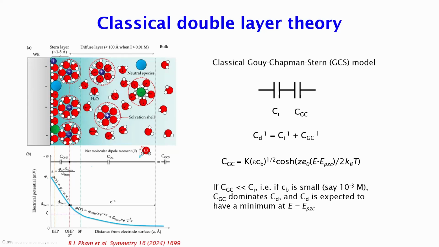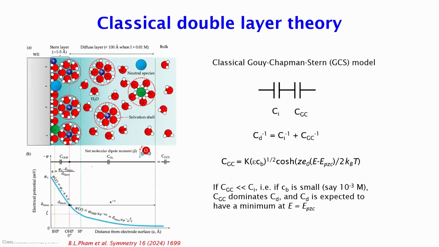Then we have a part of the double layer where the screening of the charge is more diffuse. So we have a space charge layer, and that space charge layer is described by the Gouy-Chapman model. It's basically a Debye-Hückel model. For the Gouy-Chapman model, we can calculate the capacitance of this space charge layer as a function of potential, which is E here, and as a function of the bulk electrolyte concentration, which is C of B here.